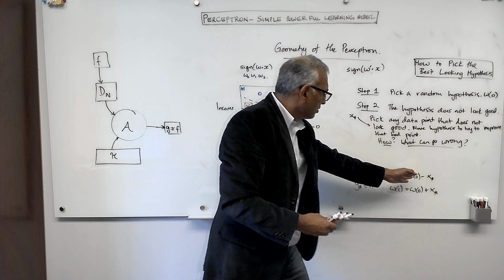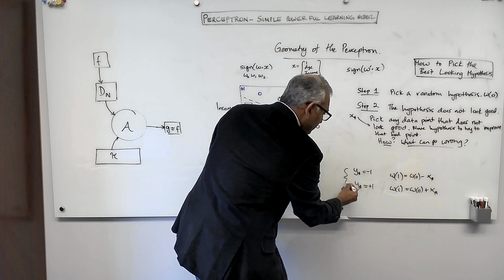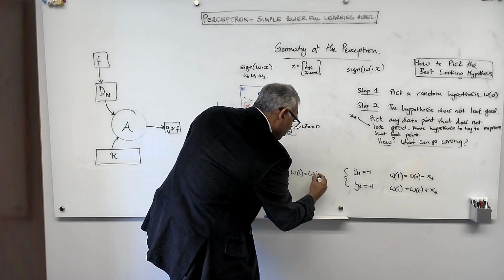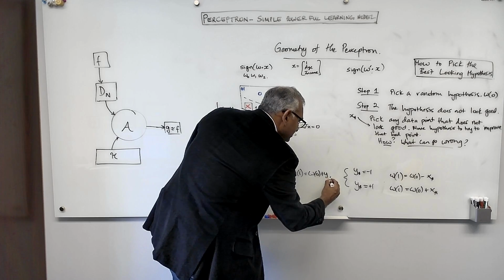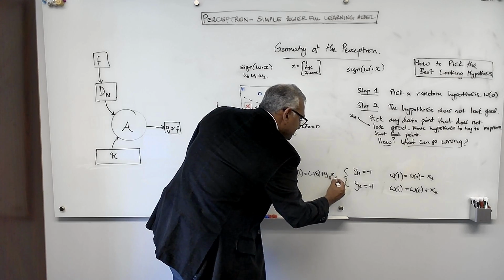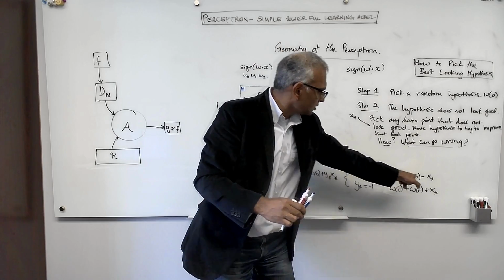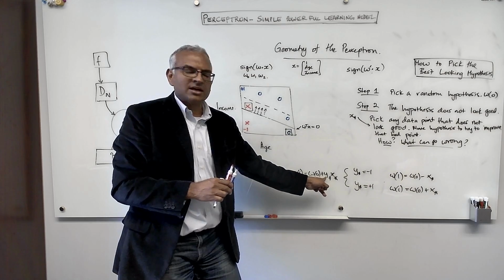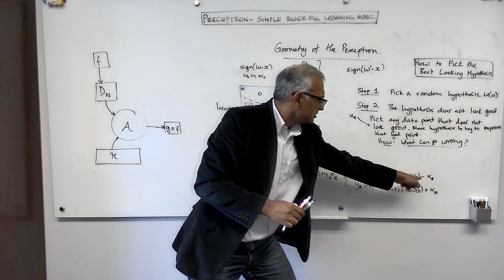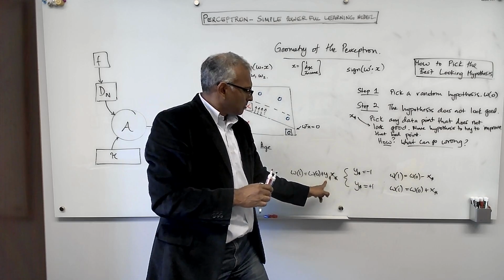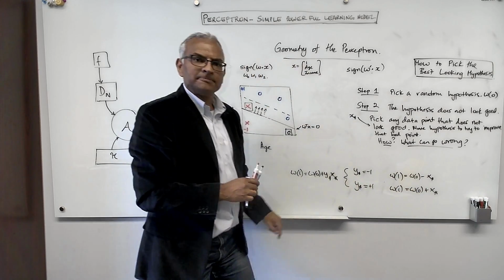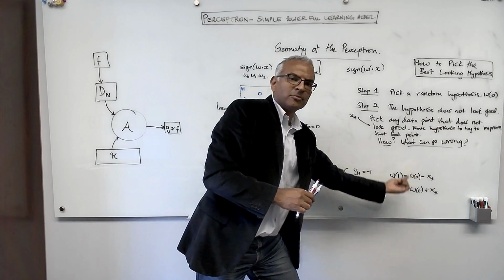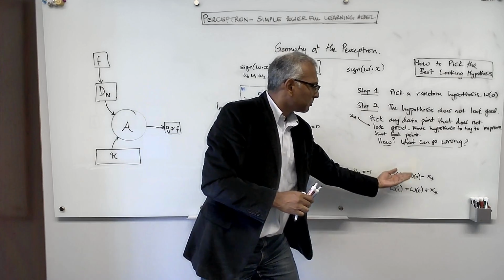We can combine both of these into a single update, which is that W of 1 should equal W of 0 plus Y star X star. Because notice, when Y star is -1, you have a minus here, and when Y star is +1, you have a plus here. That's exactly Y star. So it's not that this update is any different from these, it's just a compact way of representing this update.